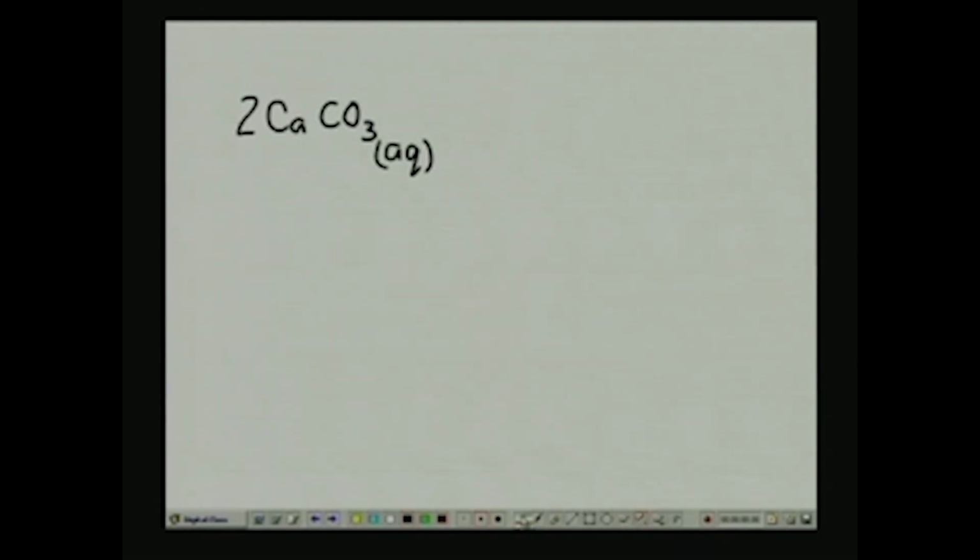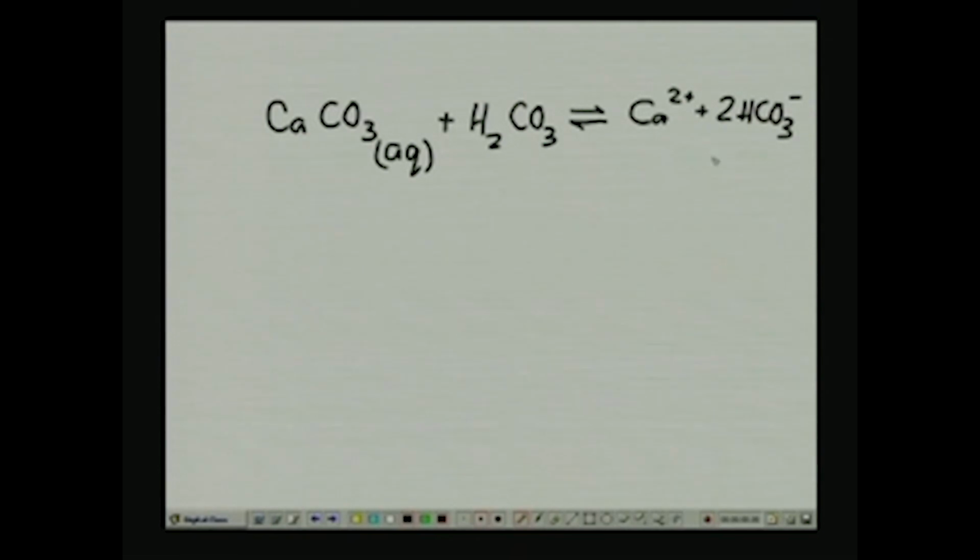We started with an aqueous solution of calcium carbonate, and that is going to be reacted upon by carbonic acid, and what we end up with in this process is release of calcium ion and another ion. Both of these are going to be in aqueous phase again.